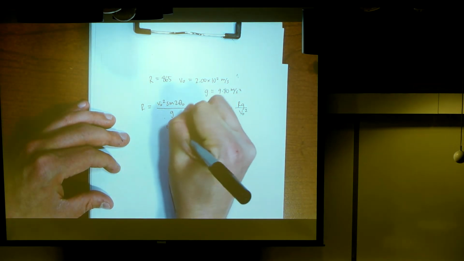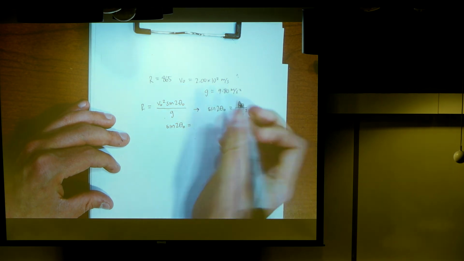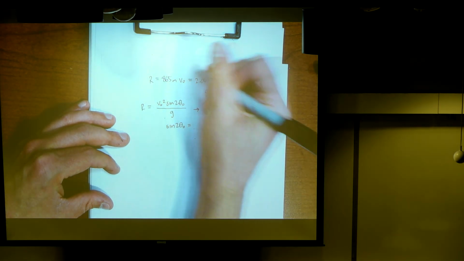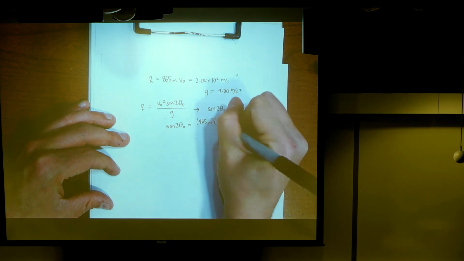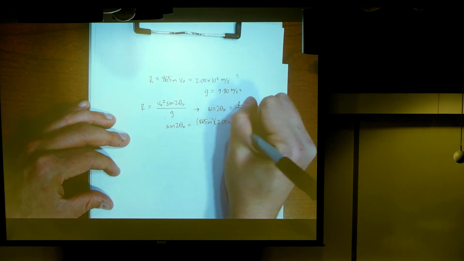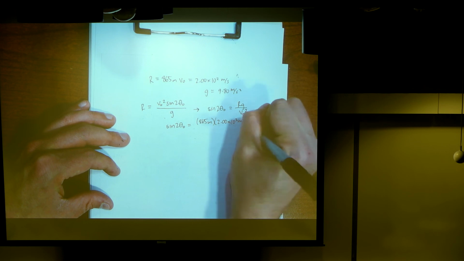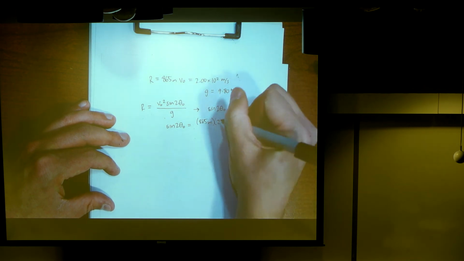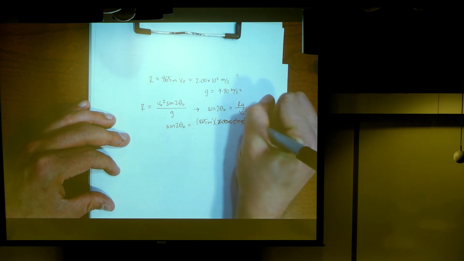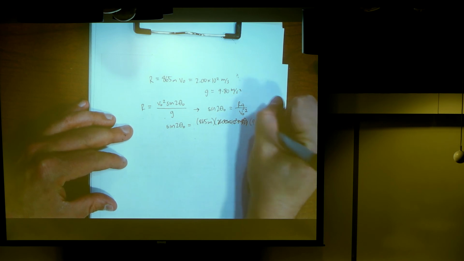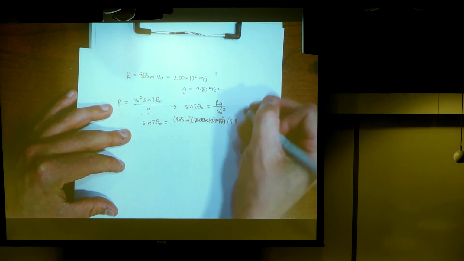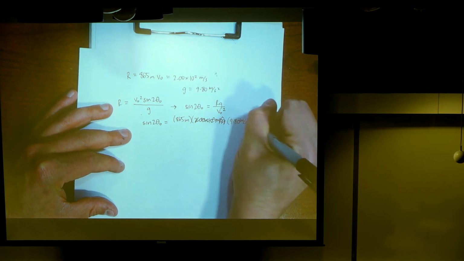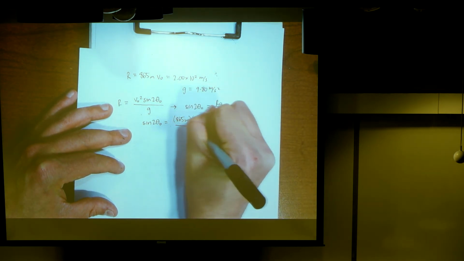So I have sine of 2 theta equals, let's plug it in, 865 meters times, I'm sorry, that should be g right there, my bad, 9.8 meters per second squared up here, and then divide by v naught squared on the bottom.